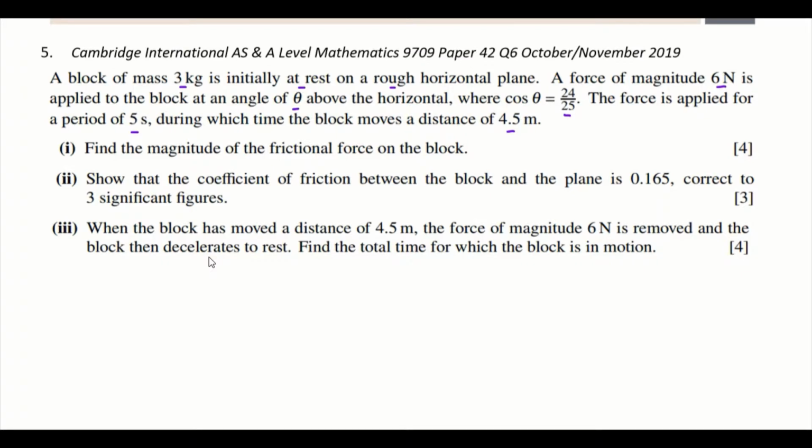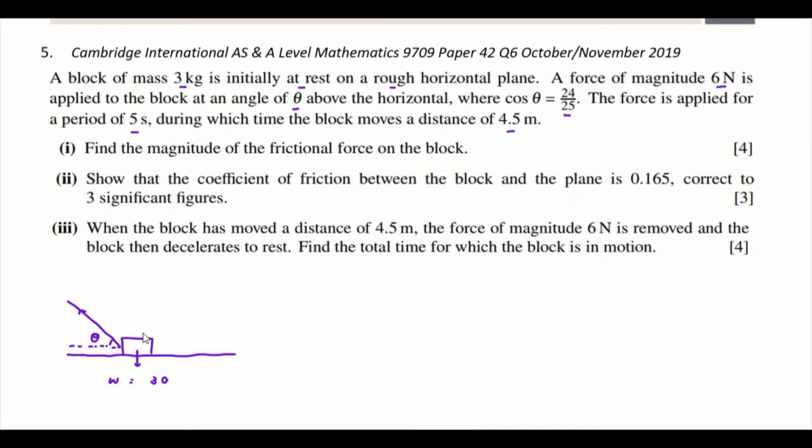Okay, so now let's try to draw the force diagram for this question. We have this rough horizontal plane. The block of mass 3 kg gives us a weight of 30 Newton. There's a force applied to the block at the angle of theta as well, and cos theta is equal to 24 over 25.